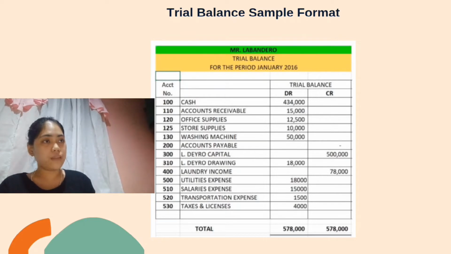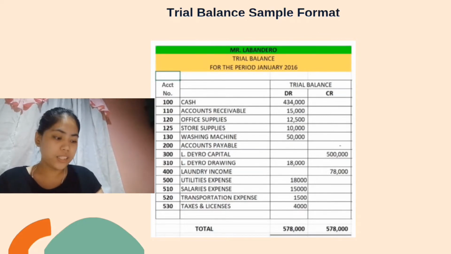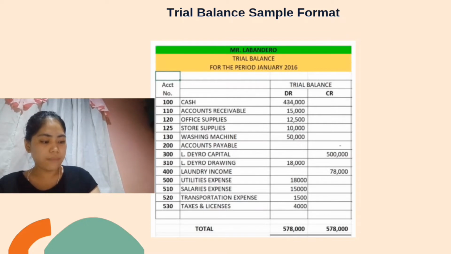The total of the debit and credit columns should always match each other. If they don't, then you'll need to check over your work for errors. We use double entry bookkeeping at all times so that the total debits and credits are always equal.